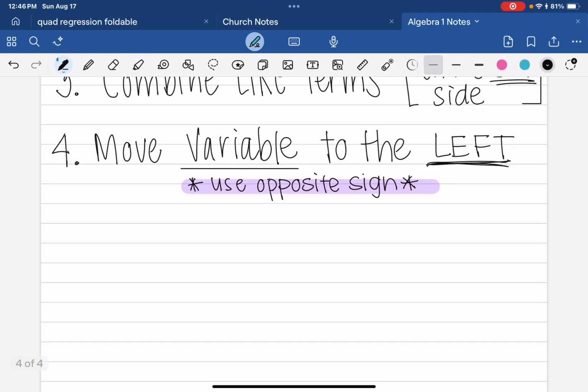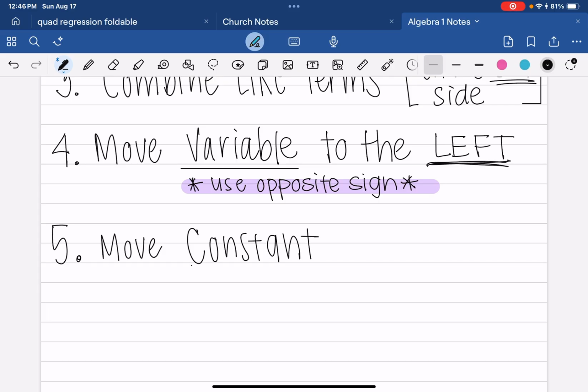All right, so step 5 is not always going to happen, but once we move our variable to the left, we need to move our constant to the right. Remember, a constant is a number that is alone, just like plus 7 or minus 10.